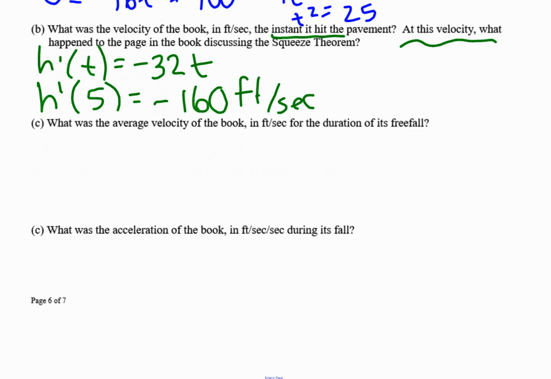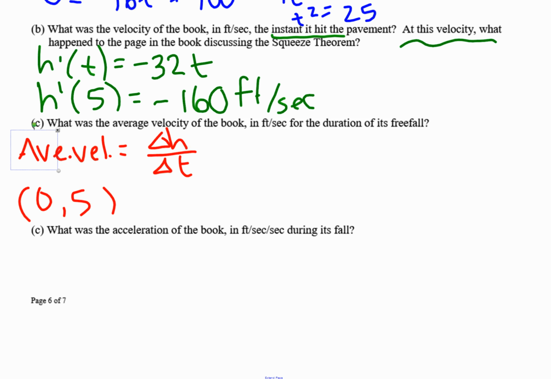What was the average velocity for the book? Now, average velocity, that's going to be our change in position, the change in h over the change in time for the duration of its free fall. So we're going from 0 to 5. Well, we know h of 0 is 400.